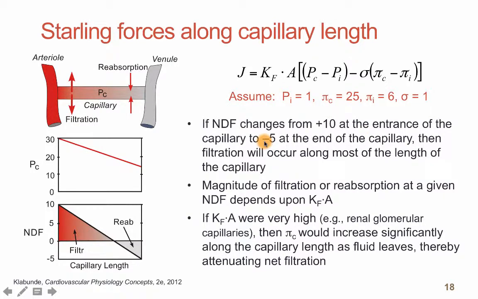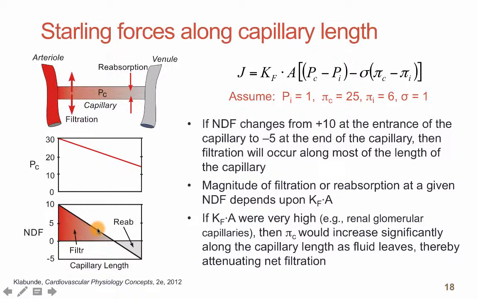Now, if the capillary hydrostatic pressure entering the capillary at this point right here is 30 millimeters of mercury, and the capillary pressure at the venular end of the capillary here is 15 millimeters of mercury, which is a 15 millimeter of mercury longitudinal gradient, then if you plug in these numbers and solve for the net driving force, you will see that the net driving force will decline along the length of the capillary.